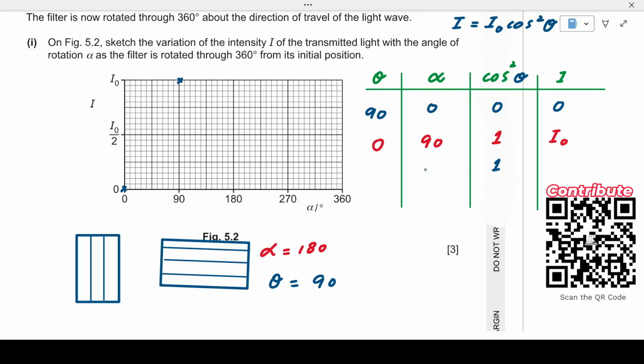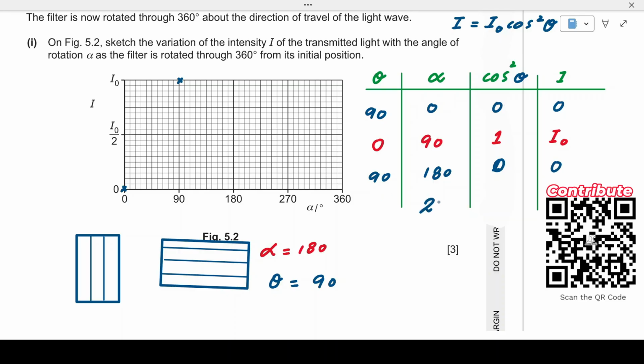So when alpha was 180, this is again perpendicular. You can call it 270 or just 90. I mean, it is again perpendicular. So cos 90 would be once again 0 and I naught would be 0 once again.